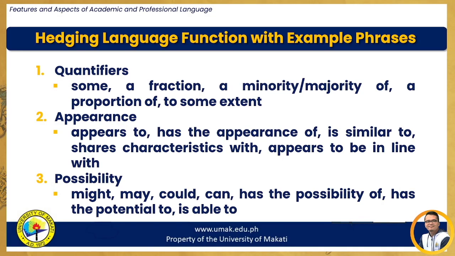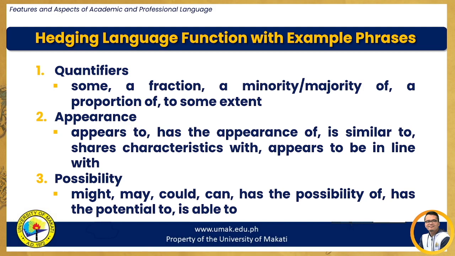Hedging is achieved in many different ways, including the following. For quantifiers, you may use some, a fraction, a minority or majority of, a proportion of, to some extent. For appearance, you may use appears to, has the appearance of, is similar to, shares characteristics with, appears to be in line with.